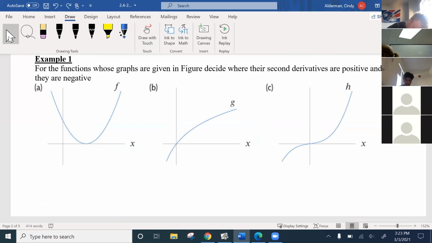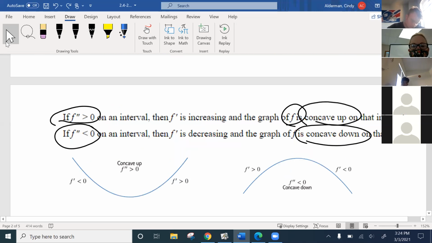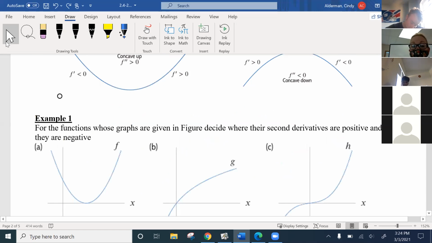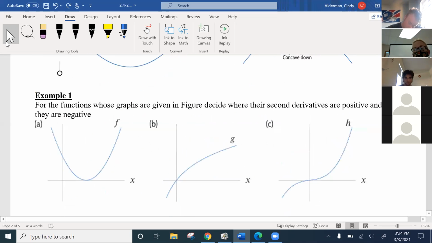Concave up everywhere. So the directions say decide where the second derivatives are positive and where they are negative.